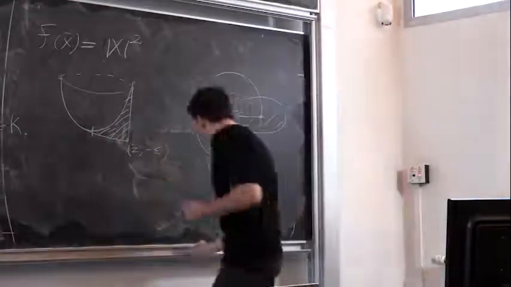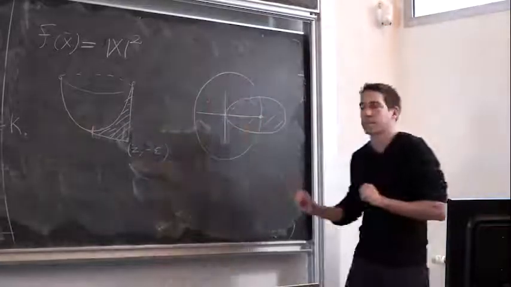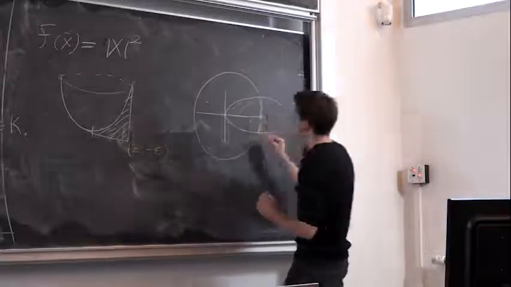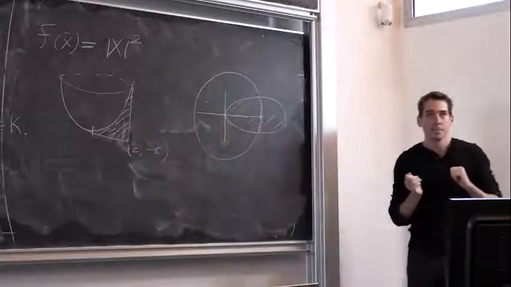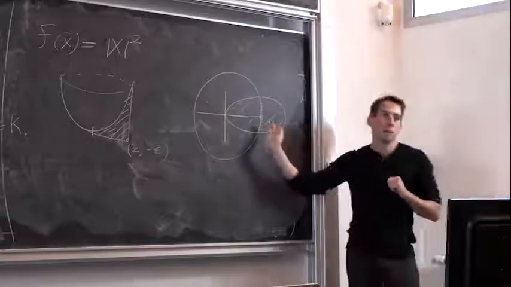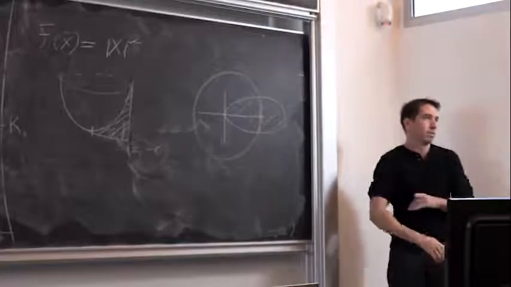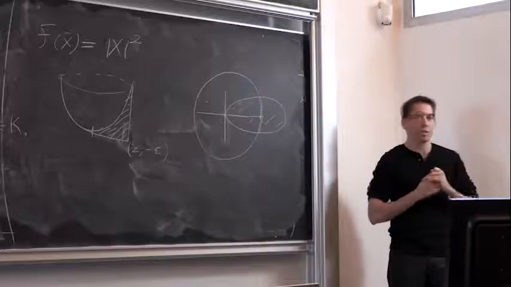In other words, what I'm saying is the measure of the intersection of this set with the unit sphere is exponentially smaller than the measure of the unit sphere. I mean, by an exponential factor in the dimension.